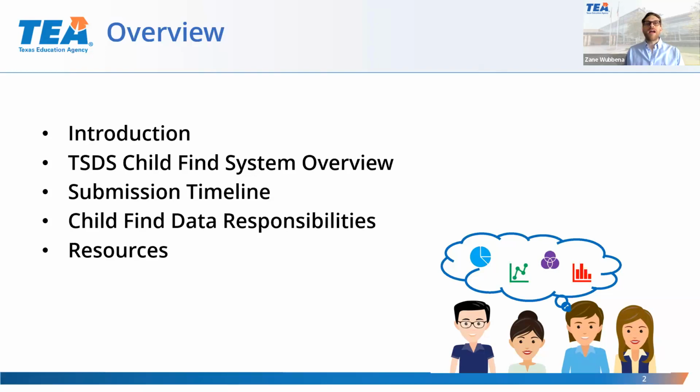That works not only at the agency level, but goes down to the ESC and then the local level. Then I'll provide a slide and talk about a few resources. This presentation will be posted online, and we have hyperlinked those resources so you can click on those as well.